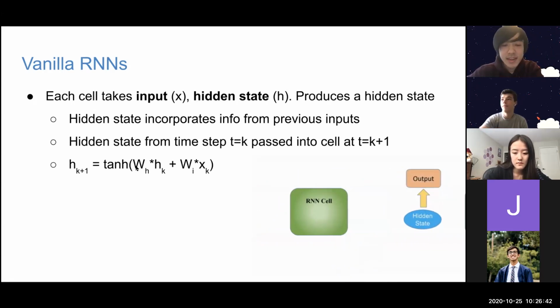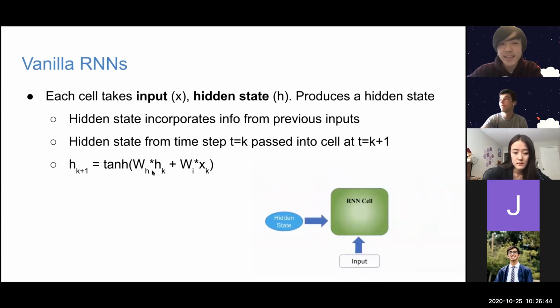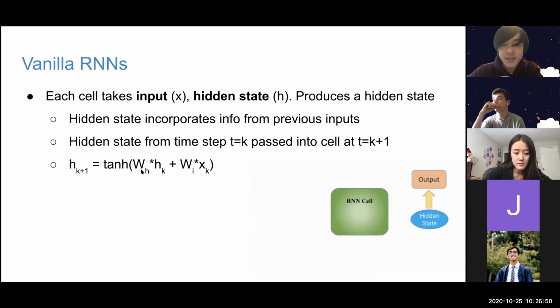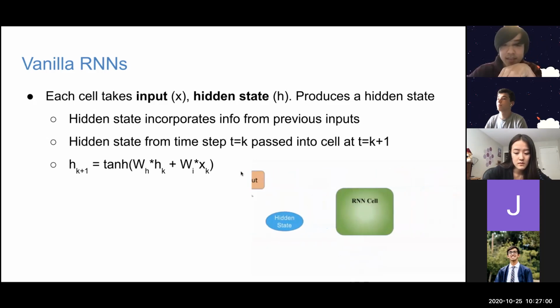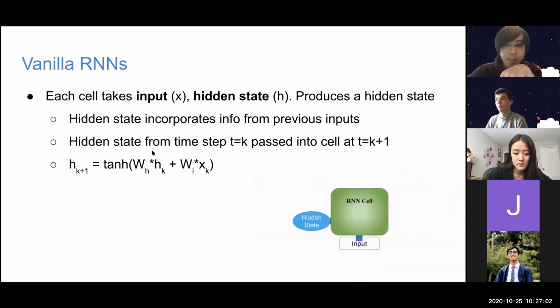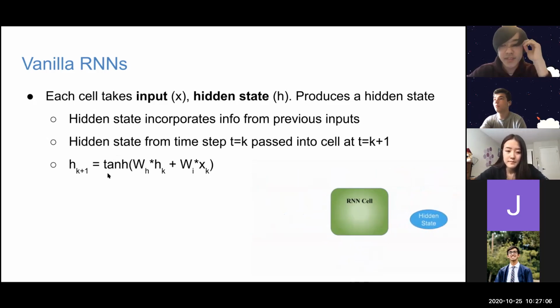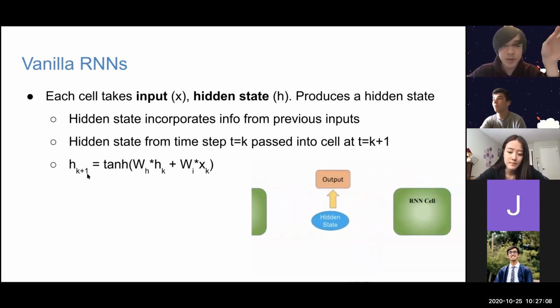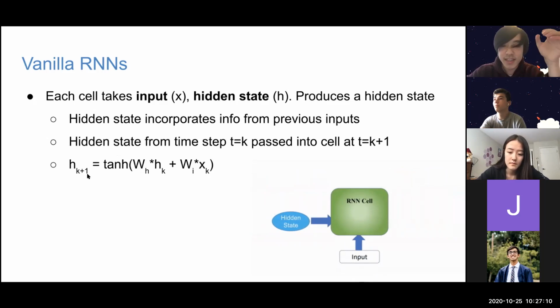One is the weight vector associated with the hidden state, and one is the weights associated with the input. So you multiply the hidden weight vector by the hidden state, and then the input weight vector by the input. You add those together, so you have to make sure that the dimensions match, and then you apply a tanh activation function on that, and that's what you use as your next hidden state.